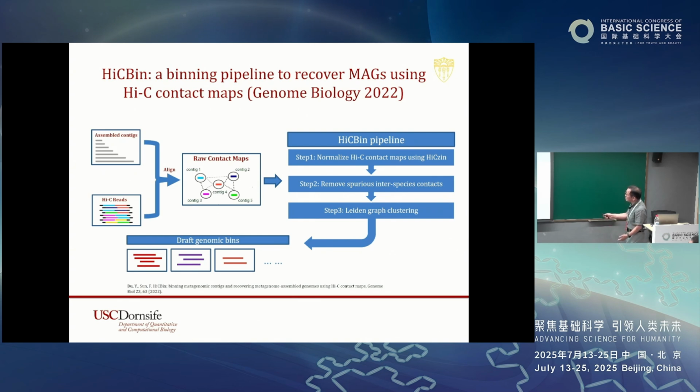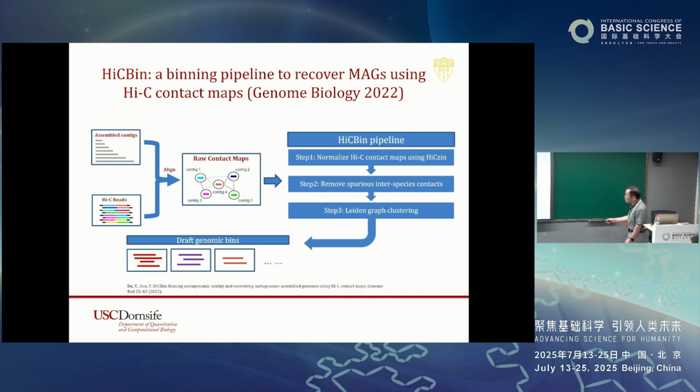Because the first paper was about Hi-C, and now we can use meta-HiC, we also remove those spurious inter-species contacts. After this, you can see all of this has changed.